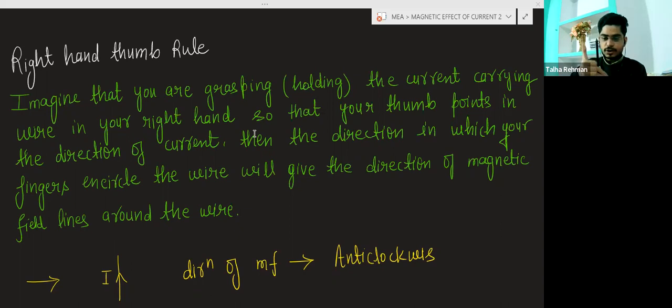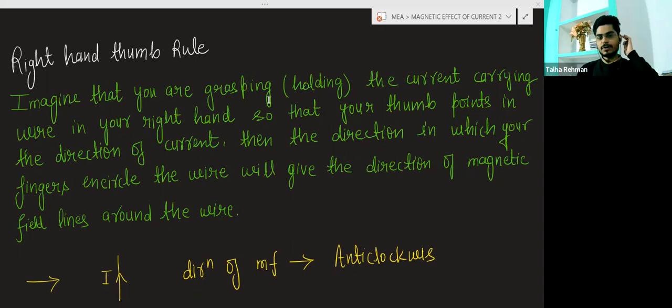Your thumb should be in the direction of the current, like this. The direction in which your fingers will encircle will decide the direction of the magnetic field. So if your fingers are going like this, it means anti-clockwise, like this means clockwise.